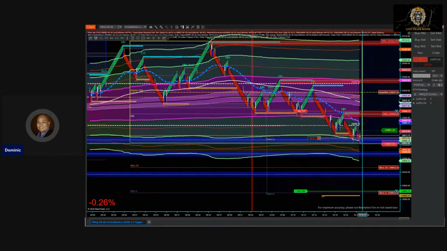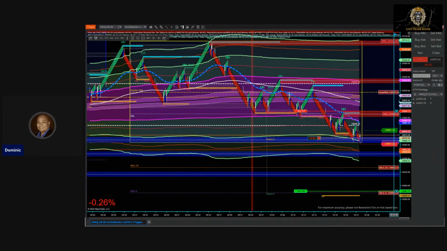See, it broke that low right there by one tick. Now, is that liquidity right here? Let's try to go up. Let's see. There's really no momentum to bring it up.